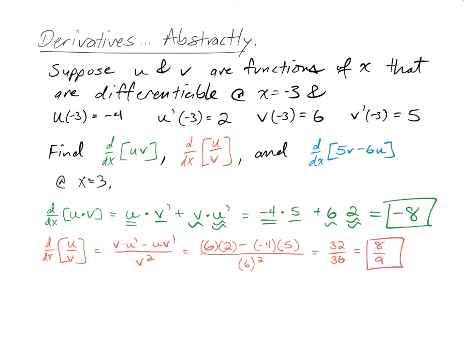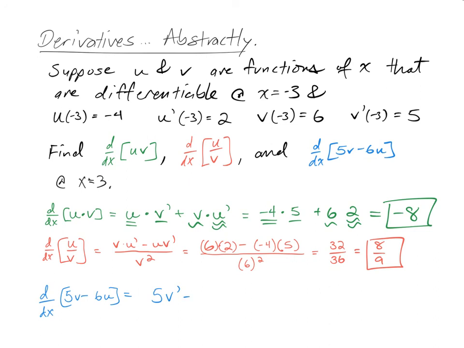And again, you can do the same thing with the last example, d dx of 5v minus 6u, and get, this would be 5v prime because of the constant multiple rule. If you're taking the derivative of 5v, well, you can just take the derivative of v and then multiply it by 5.